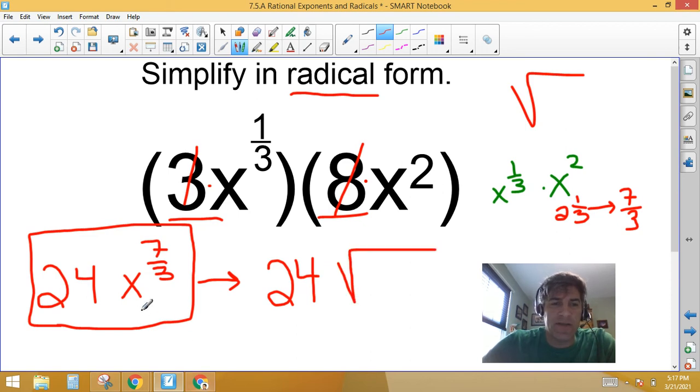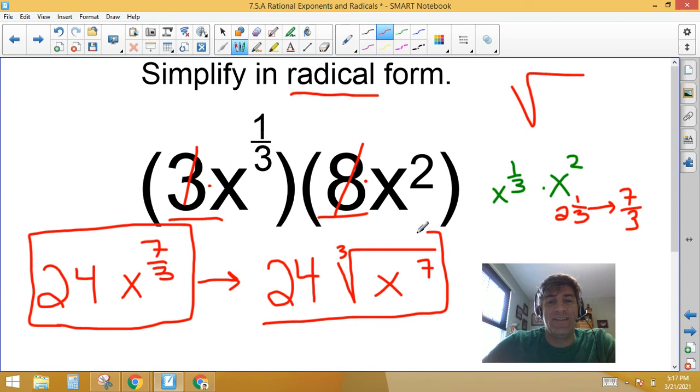This part, my x is my base, which becomes the radicand. The numerator becomes the exponent on the radicand, and the denominator becomes the index in the crook. All fancy words, I know. This is the final answer in radical form. Or is it? No, it is this time for real.